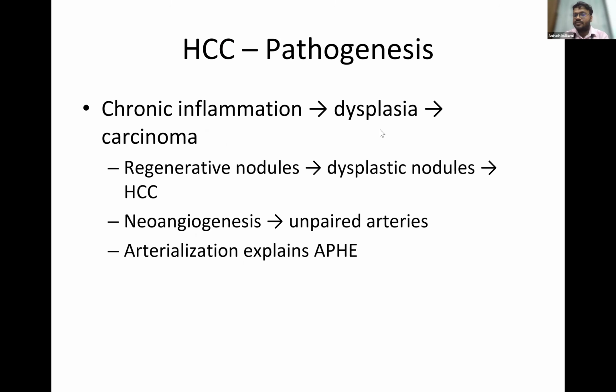As we go to dysplastic nodule and HCC, there will be neoangiogenesis, so arterial supply will happen. That is called arterialization. That's why a regenerative nodule will not show arterial enhancement, but early HCC or a dysplastic nodule will show arterial enhancement because of neoangiogenesis. Unpaired arteries will start. This is a very important slide.